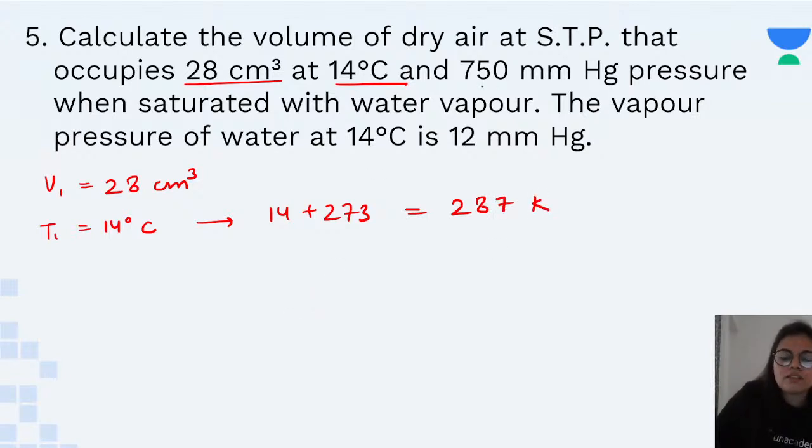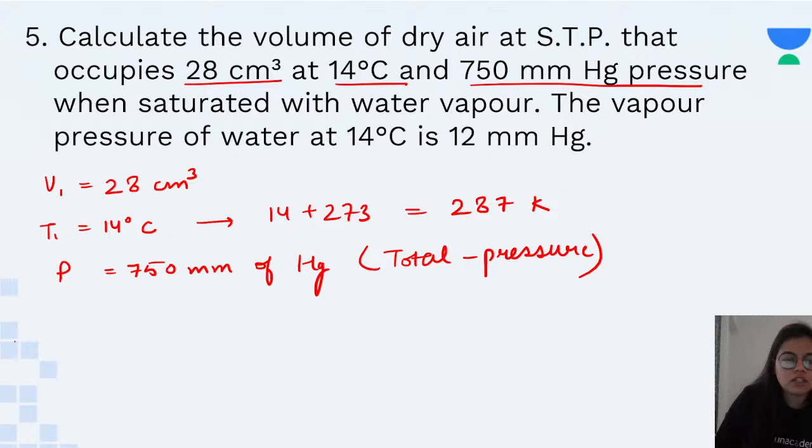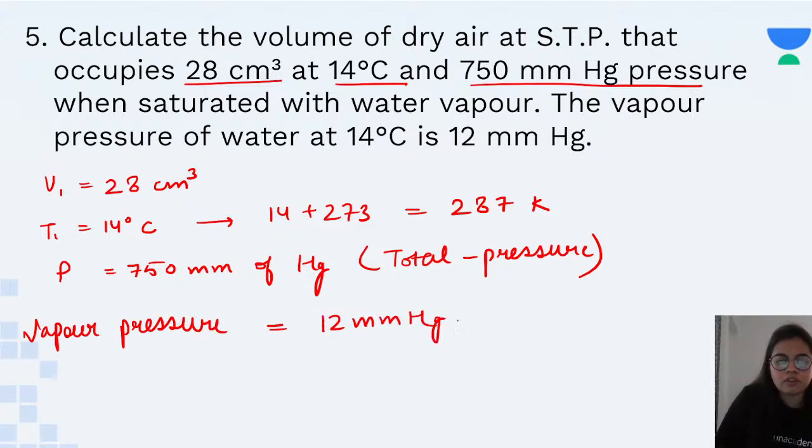Now pressure is given to us as what? 750 mm of Hg. Okay, and this pressure is the total pressure. And we have been given the vapor pressure as 12 mm of Hg.